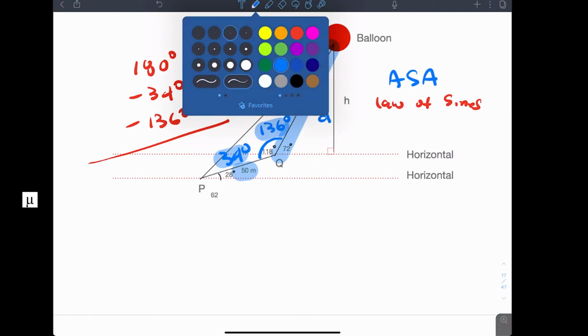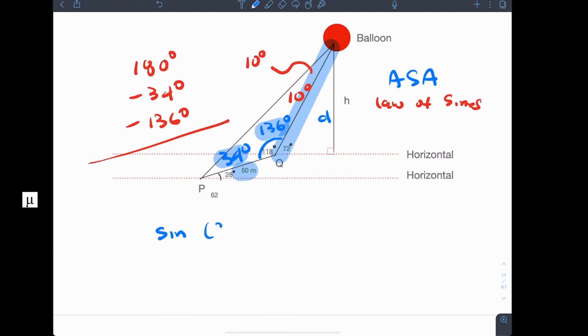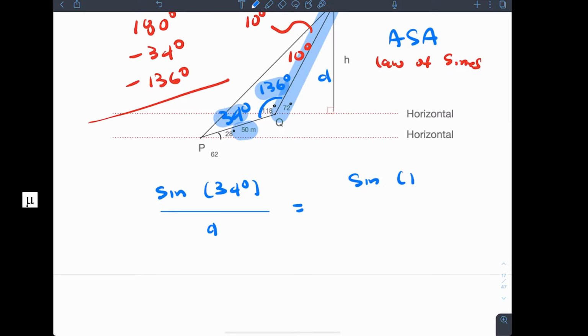So let's begin. What do we have here? Sine of 34 degrees over D. Is that right? What does that equal? Sine of 10 over 50. Oh no, let's be careful. Yeah, sine of 10 over what?